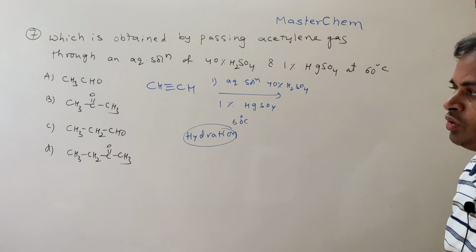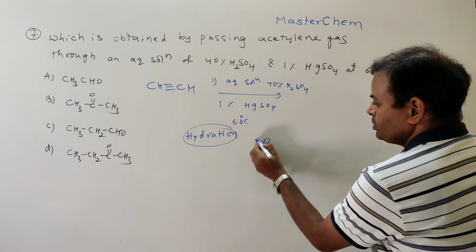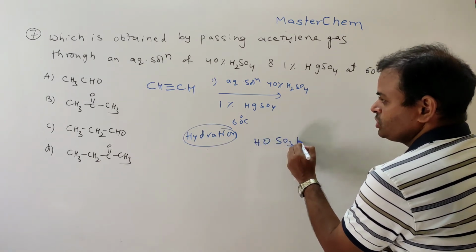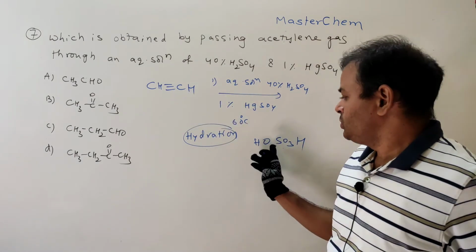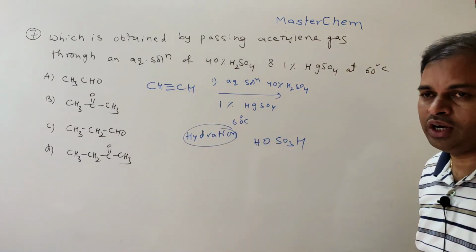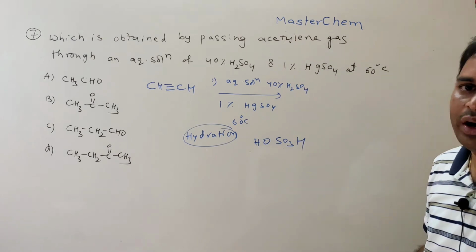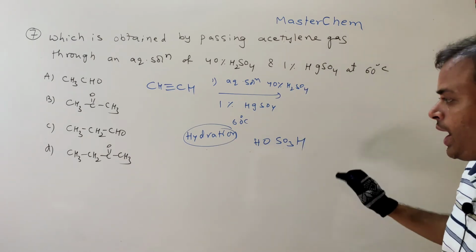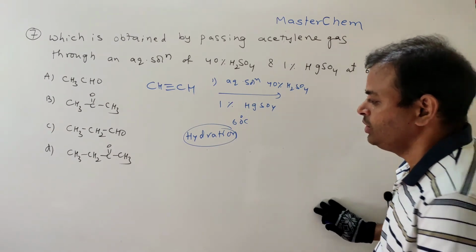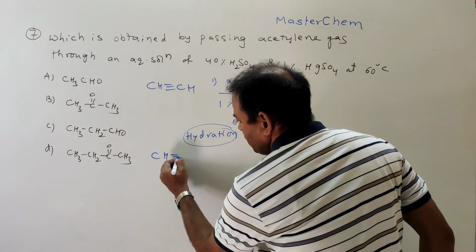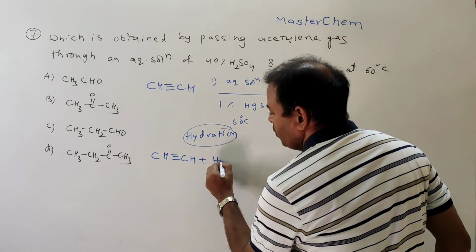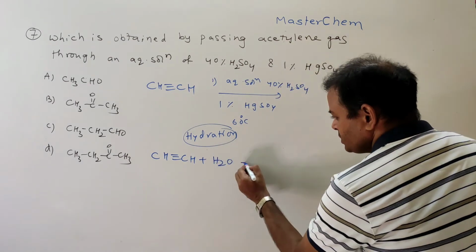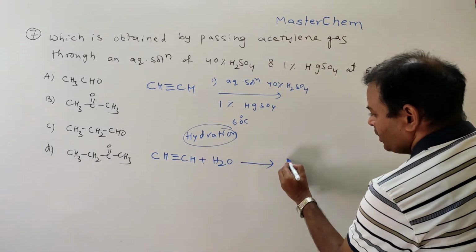So with the H2SO4, we can write H2SO4 as OHSO3H. So attach this OHSO3H to acetylene and followed by hydrolysis. As a whole, it is a hydrolysis of acetylene. So that is CH≡CH plus H2O. Hydrolysis takes place, and what it gives?